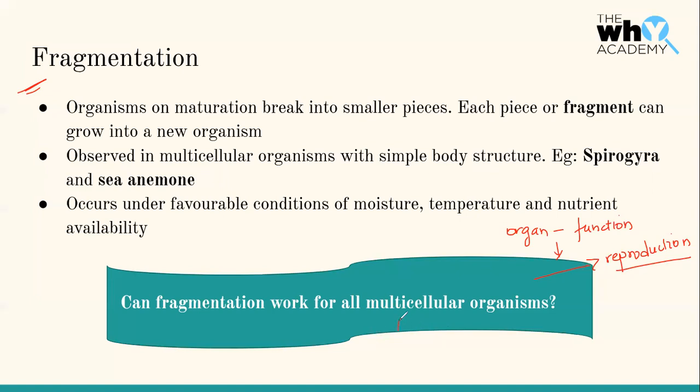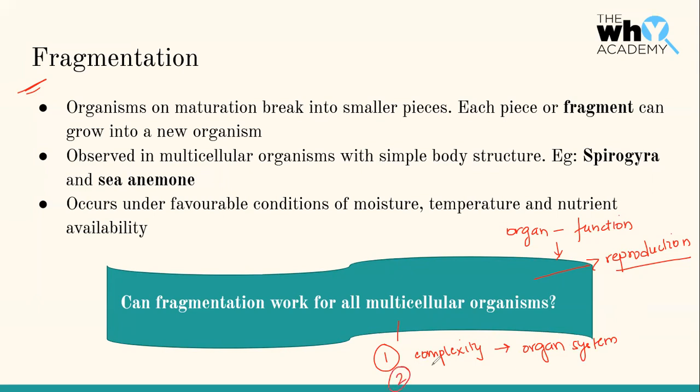So like you all said, that is correct. The first point is that as you take a bigger animal, the complexity increases. So you have complex organ systems and functions.